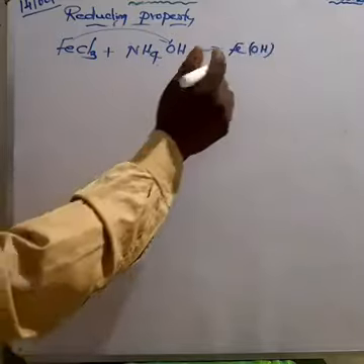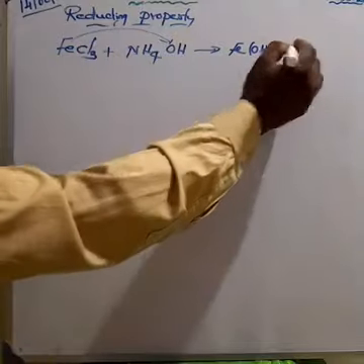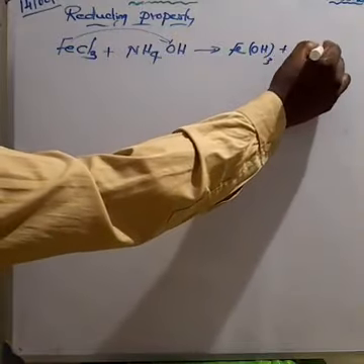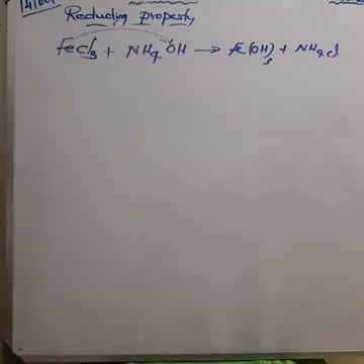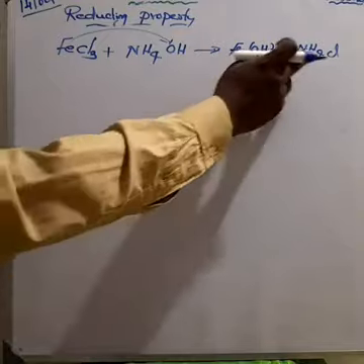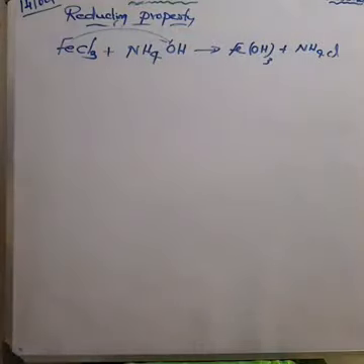Ammonia combines with the chlorine, we get ammonium chloride. Am I right? This is one of the equation. Iron chloride reacts with ammonium hydroxide, we get iron hydroxide and ammonium chloride.